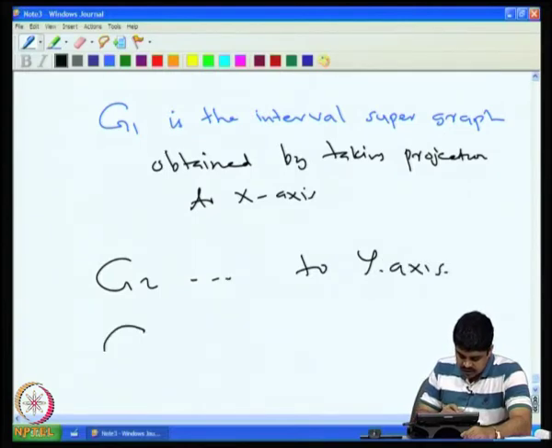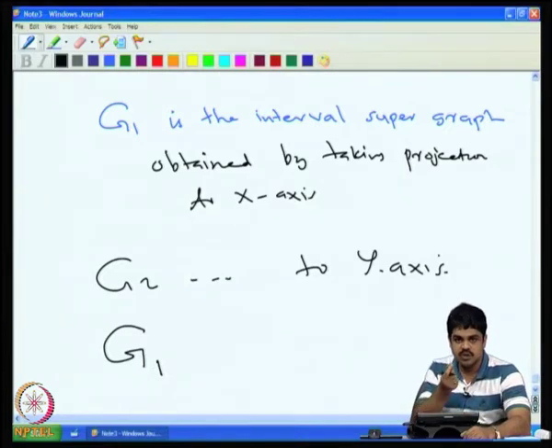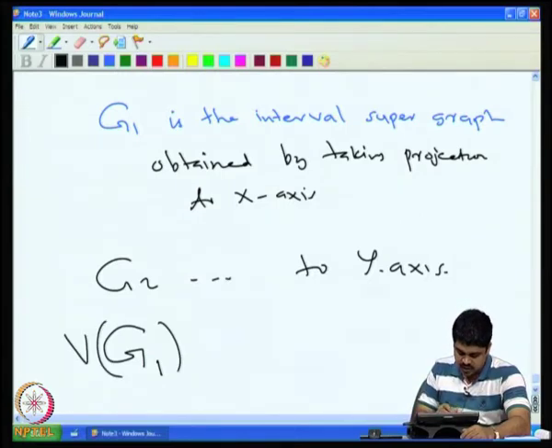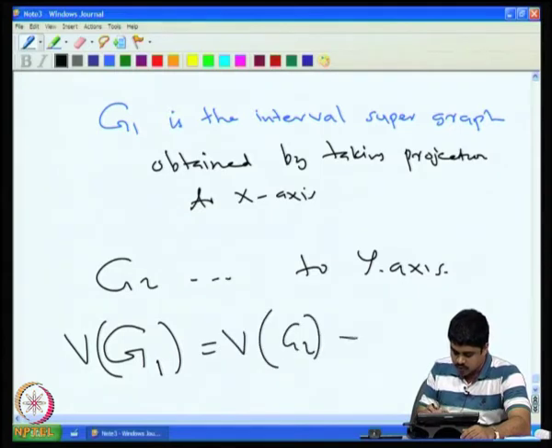Then we can easily see that G1 and G2 both have the same vertex set, because corresponding to each box we took a projection to x as well as a projection to y. There is a box corresponding to one vertex, and therefore there is a projection corresponding to it. So, the vertex set of G1 is equal to the vertex set of G2, which is equal to the vertex set of G.